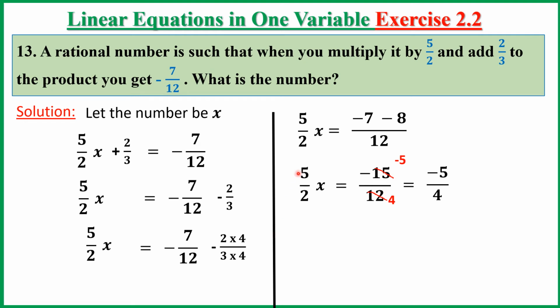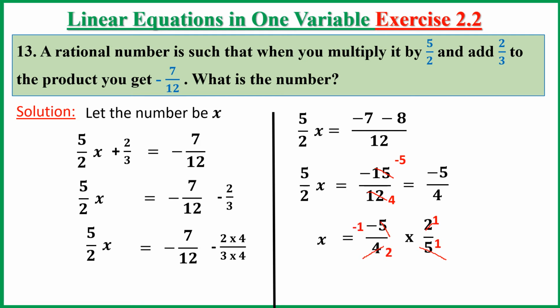So here 5 by 2 is multiplied with x. So this 5 by 2 when transposing to our right hand side will become division. Division means we have to write the reciprocal of this. That is 5 by 2 will become 2 by 5. So x is equal to minus 5 by 4 into 2 by 5. Now this can be simplified. This is 1 times 5 and this is 2 times.